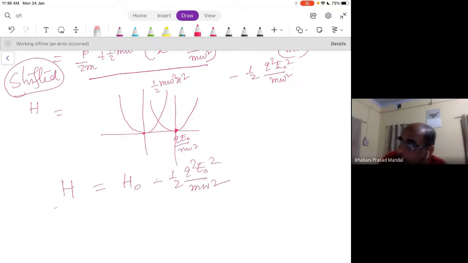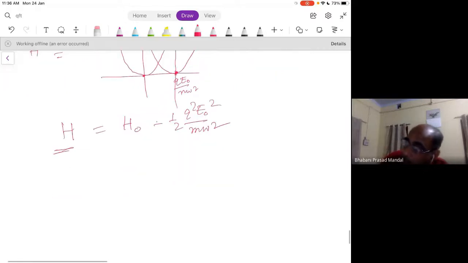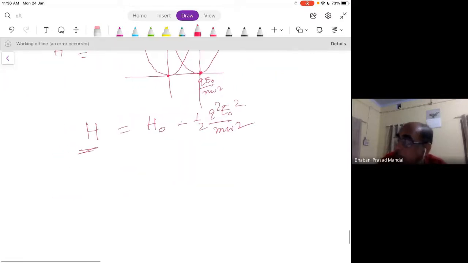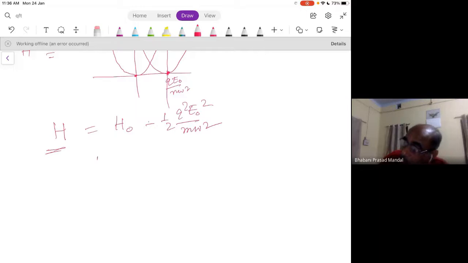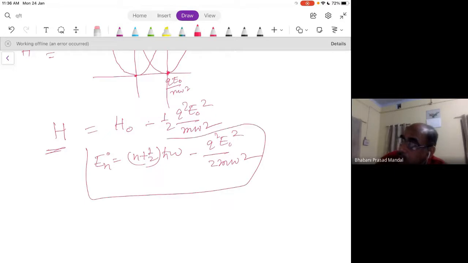So what will be the energy eigenvalues of this shifted oscillator? The energy eigenvalues En0 will be n plus half h cut omega minus q square E0 square by 2 m omega square. So this will be my new energy levels. Agree or not?